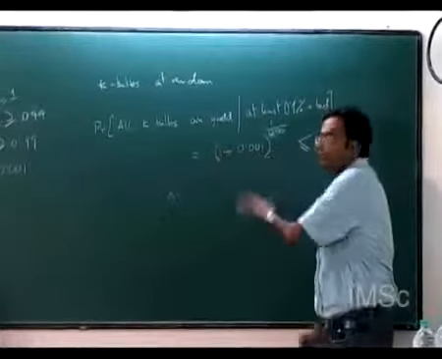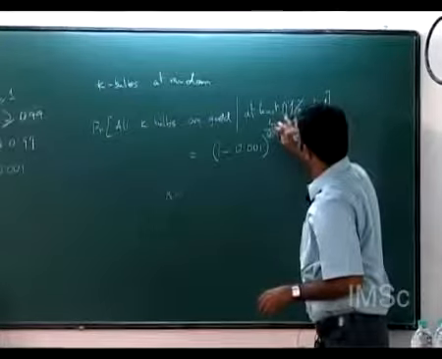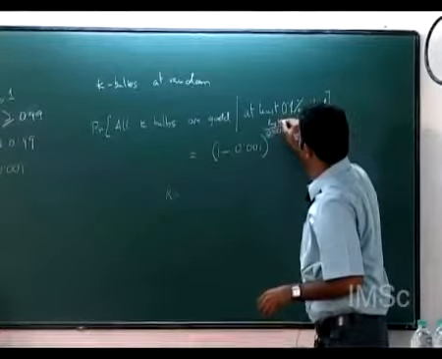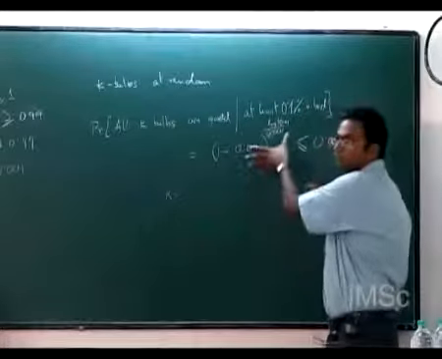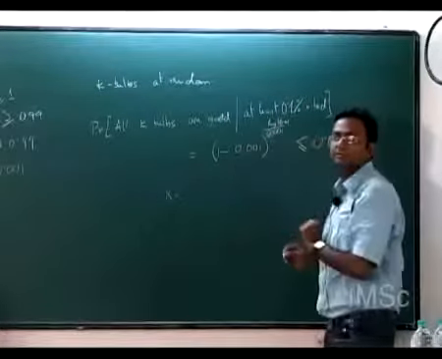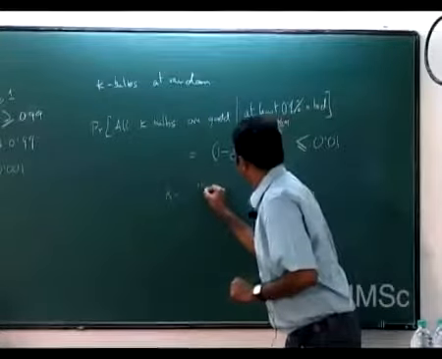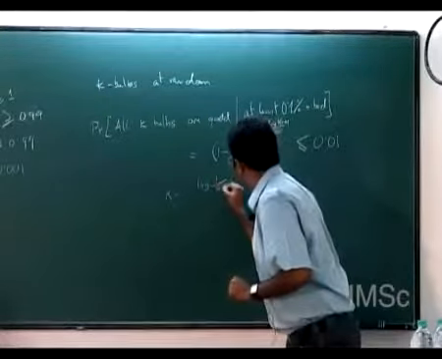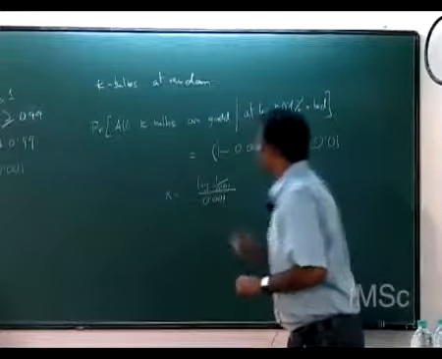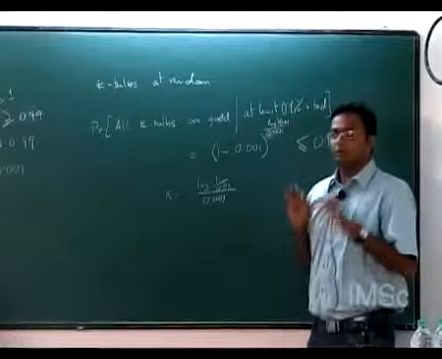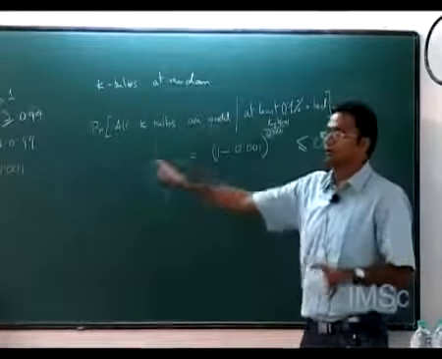If I put on top of that log of 1 over 0.01, then just convince yourself that this quantity is less than 0.01. So basically, if I check log(1/0.01) divided by 0.001 bulbs, then my algorithm works.